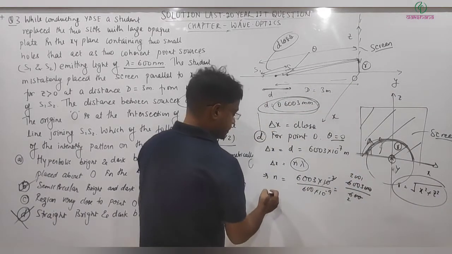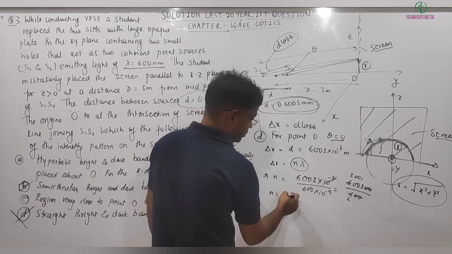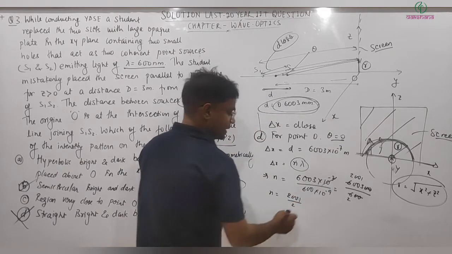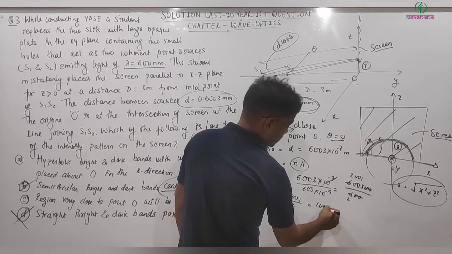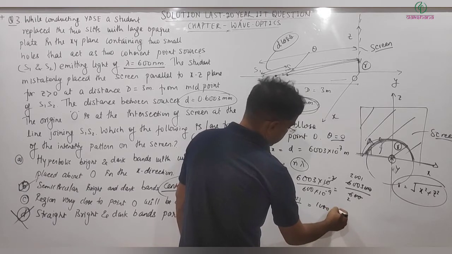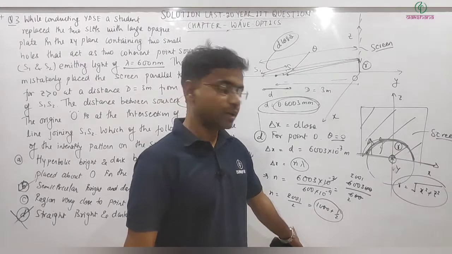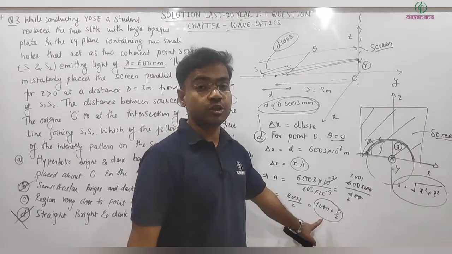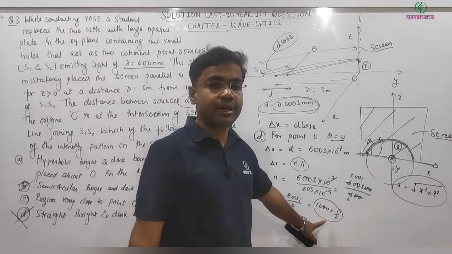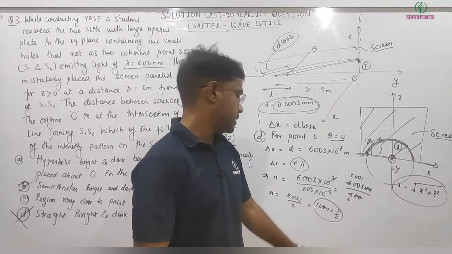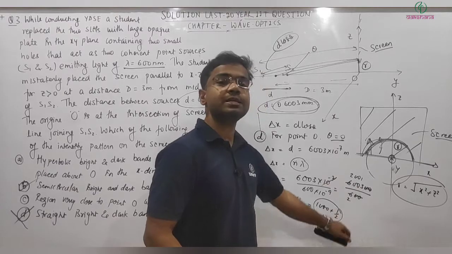And you can check it, actually n is not exactly coming out to be an integer, it's 2001 by 2, and that's equal to 1000 plus half. So this also you can see, it's an odd multiple. It's not an even multiple of lambda, it's a multiple of lambda by 2. N is something integer plus half.